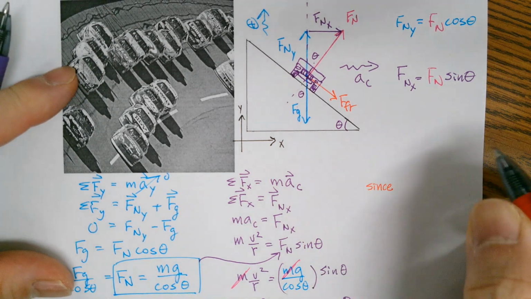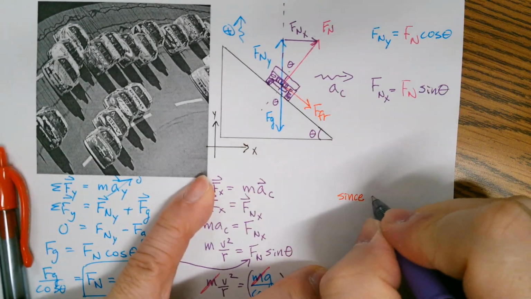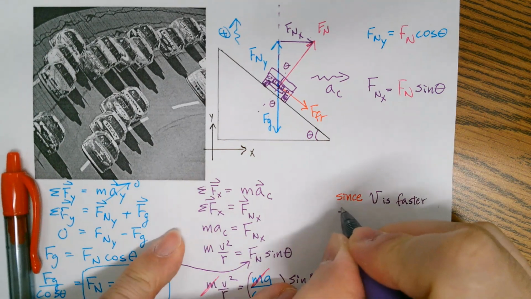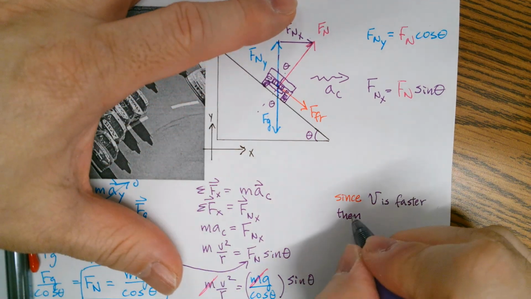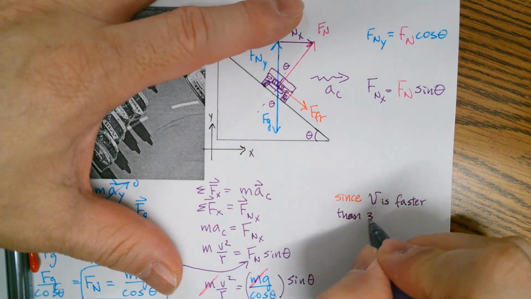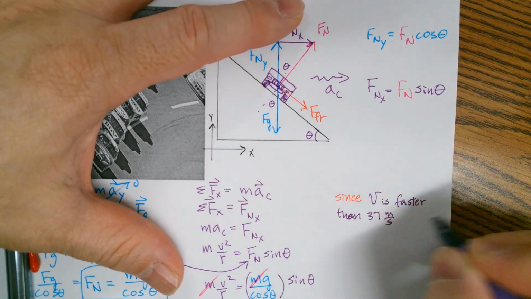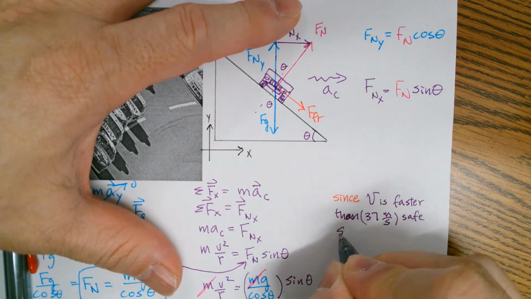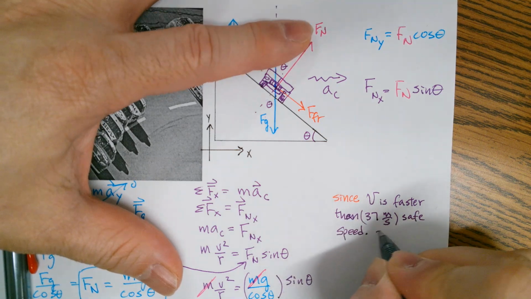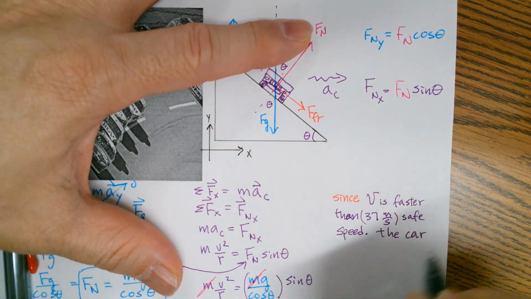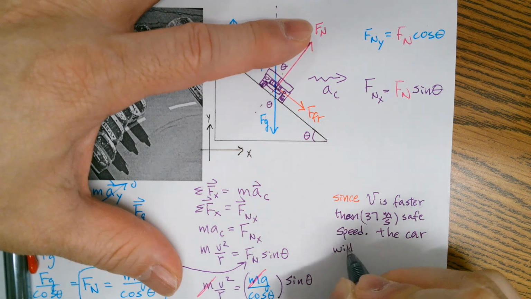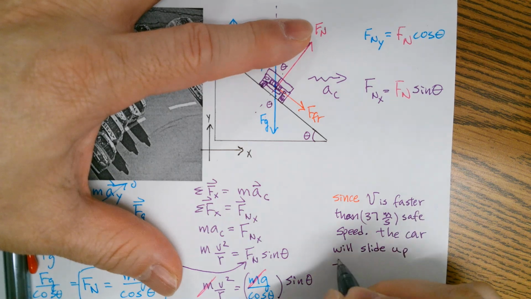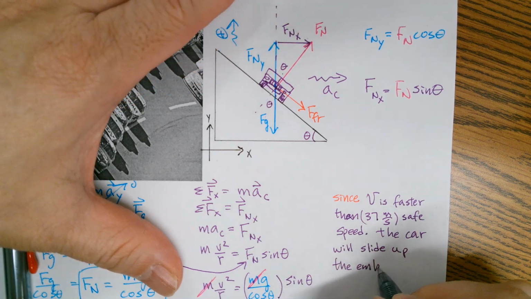So you could maybe write that down. Since v is faster than 37 meters per second, which is the safe speed, the car will slide up the embankment.